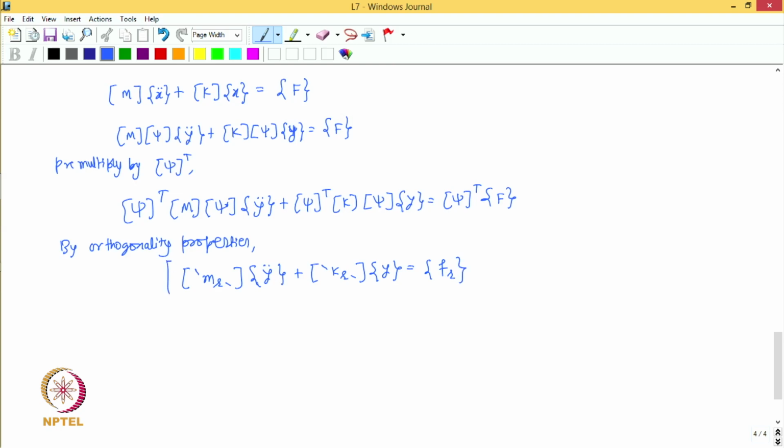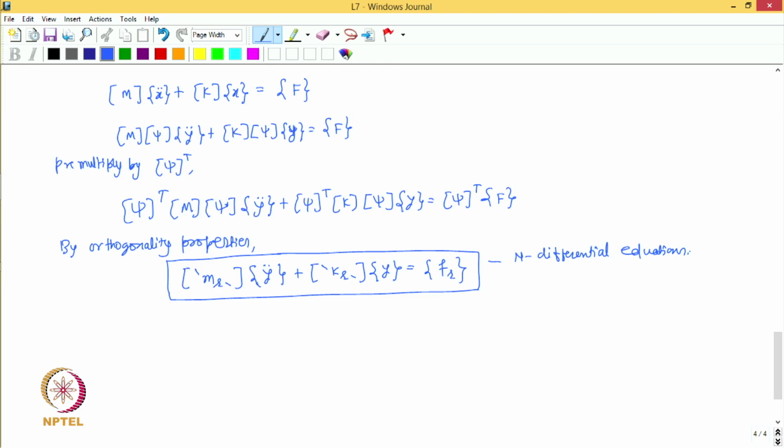So, what we see now, we have another set of differential equations, right. These are again n differential equations. So, we started with n differential equations and we again reached another new set of n differential equations. But the important difference is that this is the original set, and this is where we have now transformed them to.